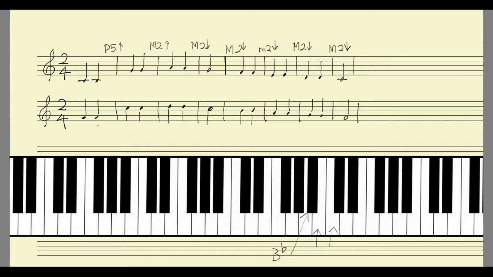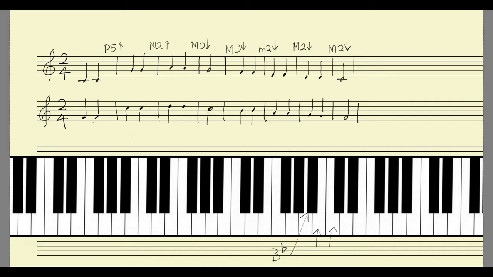Okay, so the first interval we need in the melody is a perfect fifth up. In our original, that was C to G. In our transposition, F to C. Now, is F to C actually a perfect fifth? Let's investigate. We know that it's a fifth. F1, G2, A3, B4, C5.